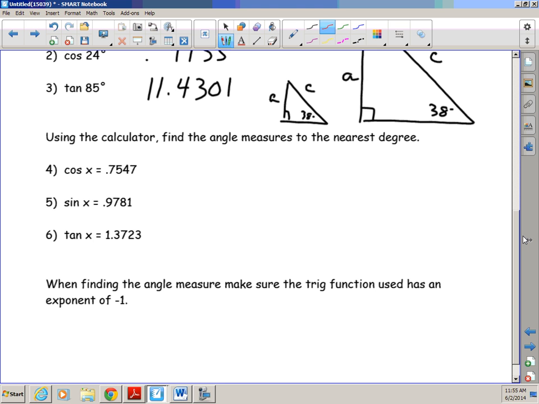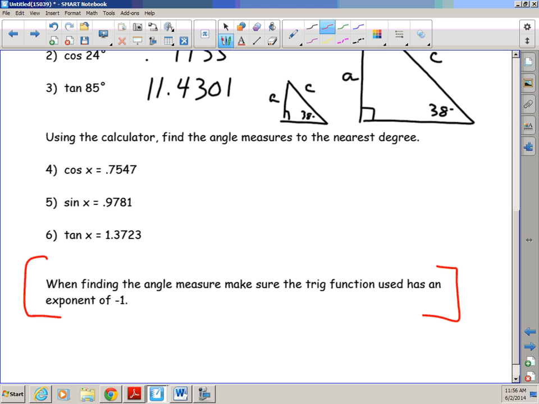So if you look down here, you need to use the inverse button. Usually on most scientific calculators, you hit the second button and then sine, cosine, or tangent. You'll see on the calculator, above sine, cosine, and tangent, when you hit the second button, sine with a -1 as an exponent.